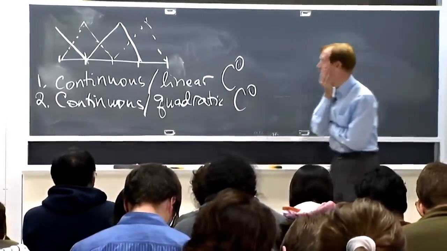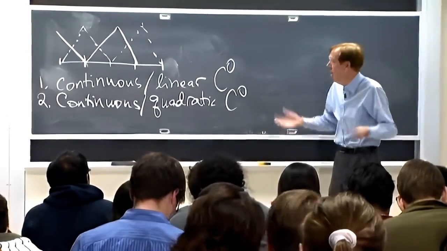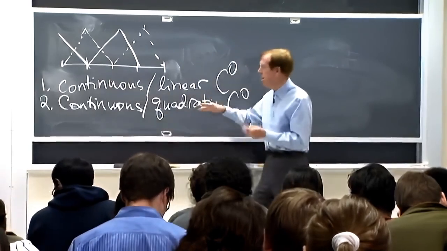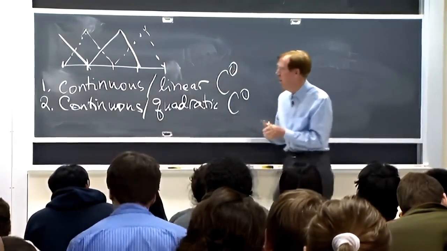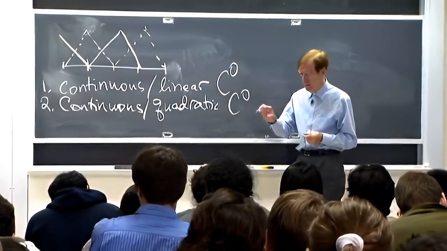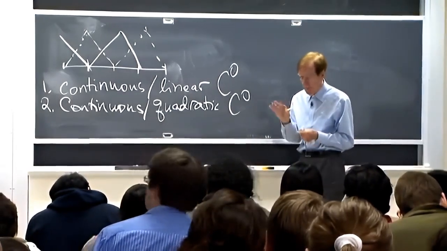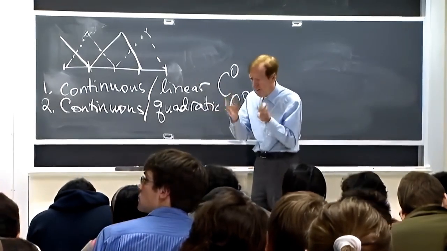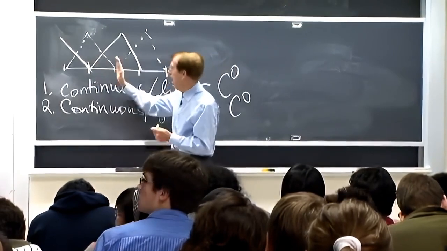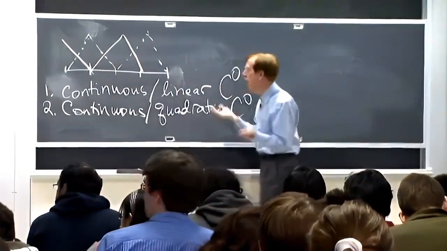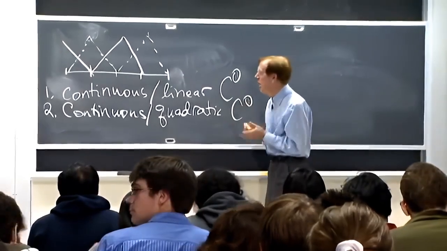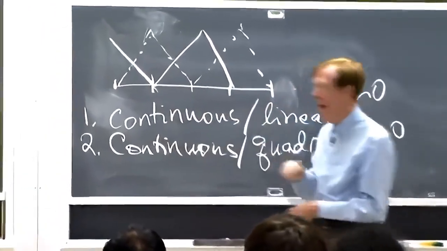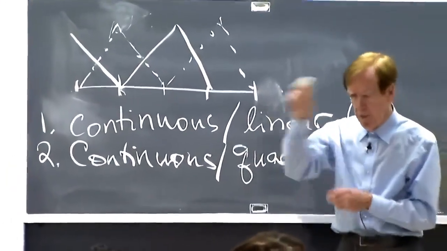Okay, but how would I get some quadratics? So all I want now is my functions, my space, my combinations should be the piecewise parabolas instead of piecewise linear, and the pieces are broken at the nodes. Okay, so here's a way to do it. Inside each interval, I'm going to add, well, I'll just call them bubble functions.